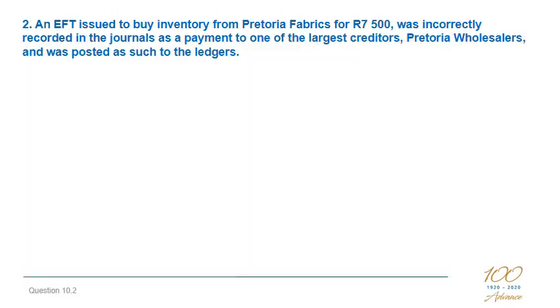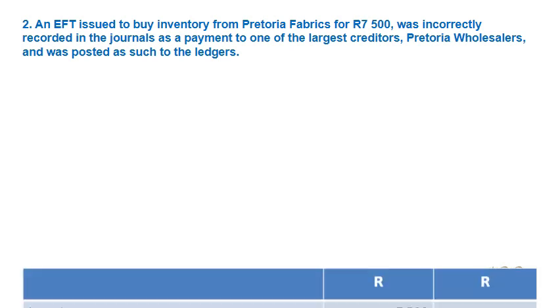Item number 2, an EFT issued to buy inventory from Pretoria Fabrics for 7,500 was incorrectly recorded in the journals as a payment to one of the largest creditors, Pretoria Wholesalers, and was posted as such to the ledgers. That means I will have to cancel this payment because it was not a payment.